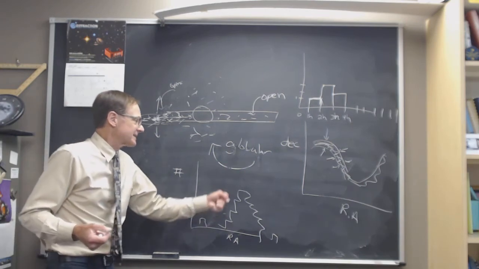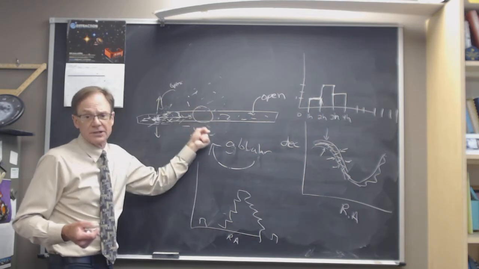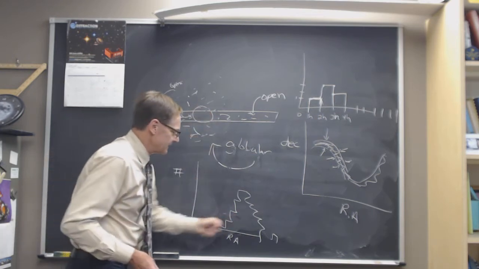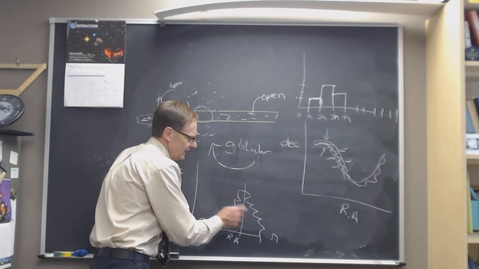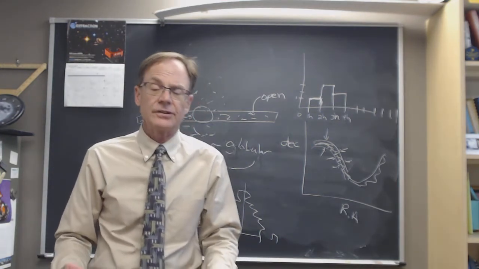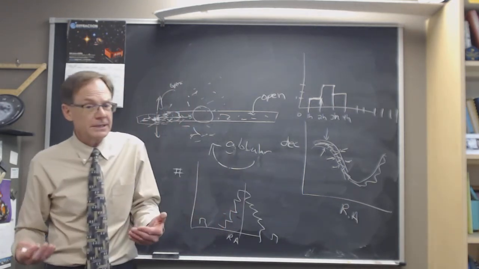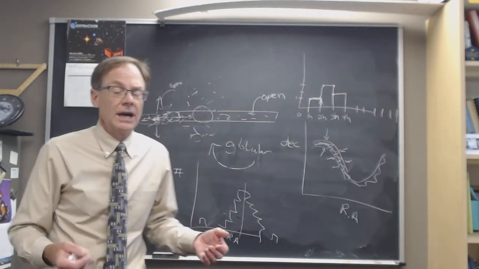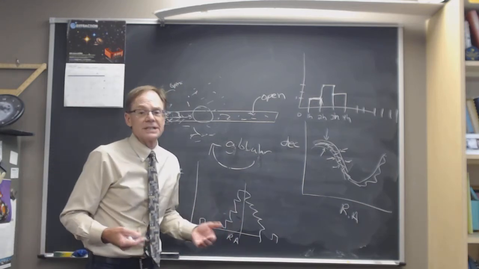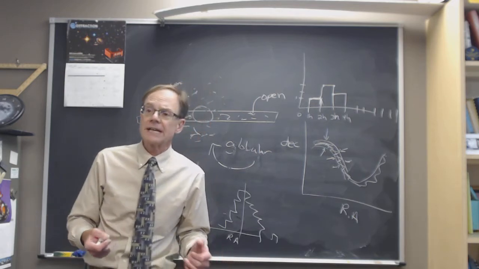Let's say these things really are centered on the center of the galaxy. If they are, then the average right ascension and the average declination should give us the right ascension and the declination of the center of the galaxy. So let's find the mean right ascension and the mean declination of these globular star clusters and see how it corresponds with the known right ascension and the known declination of the center of the galaxy.